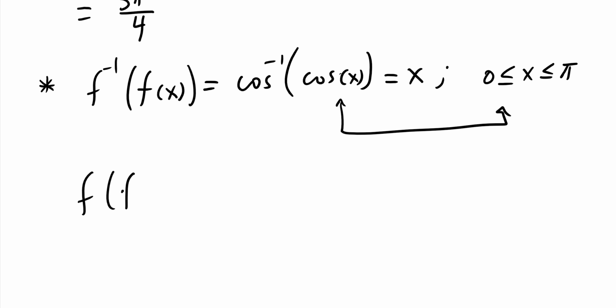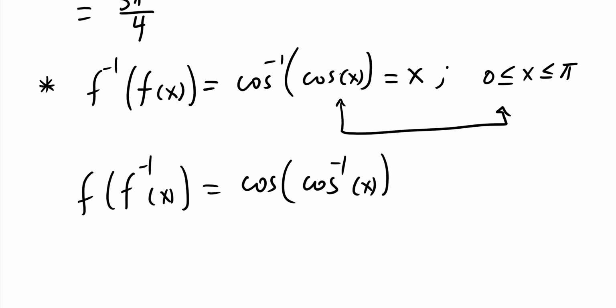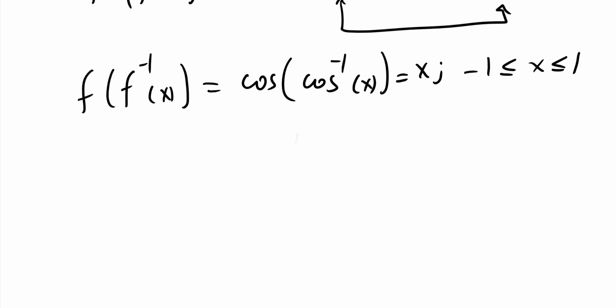And f of f inverse of x is cosine of cosine inverse of x equals x, and that goes from -1 to 1. Very important stuff to know. And to apply those things, we can go through some examples.